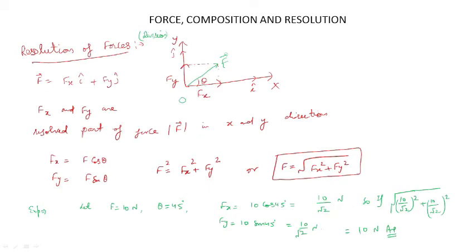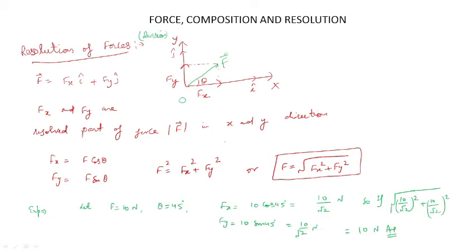The resultant of the forces along the x-axis and along the y-axis will have the same effect as the force F. So we can write the x component of the force F as Fx, and that will be equal to F cos theta. Similarly, the y component of the force can be written as Fy, and that will be equal to F sin theta.